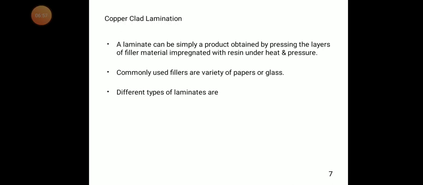Different types of laminates we use are phenolic laminates, epoxy laminates and polyester laminates. These laminates are used to get the copper clad lamination. This provides the conducting path in the printed circuit board.